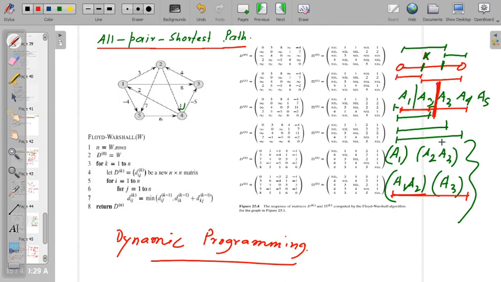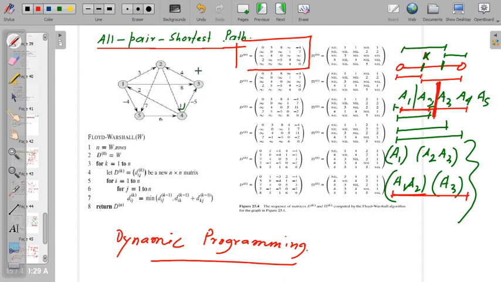So now you see this all pair shortest path. What am I doing here? First, this matrix we have to form.